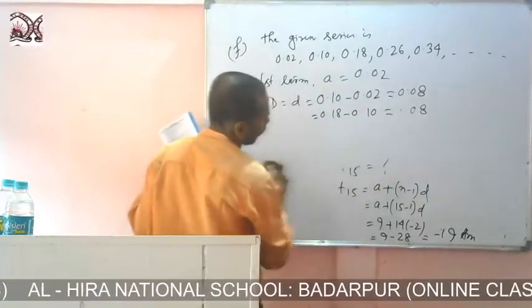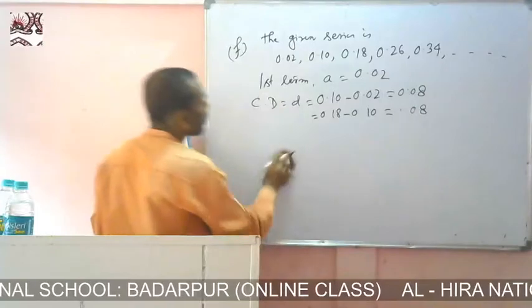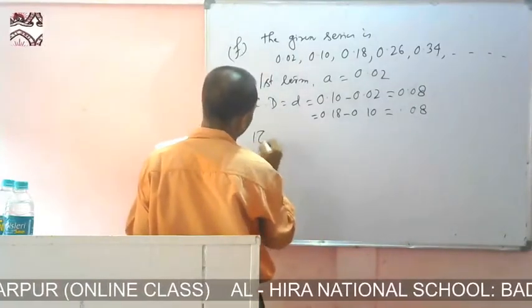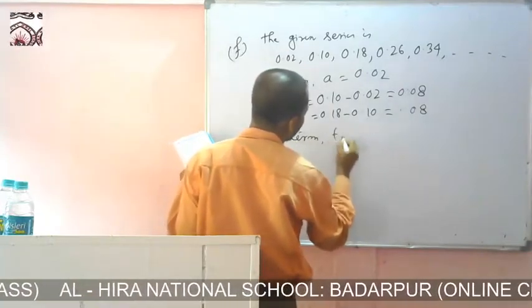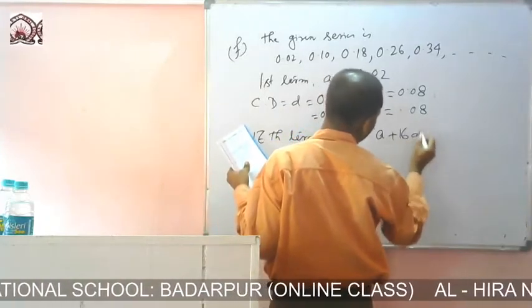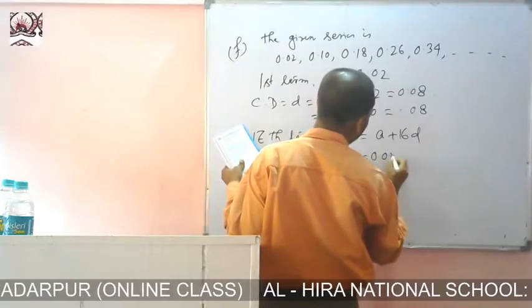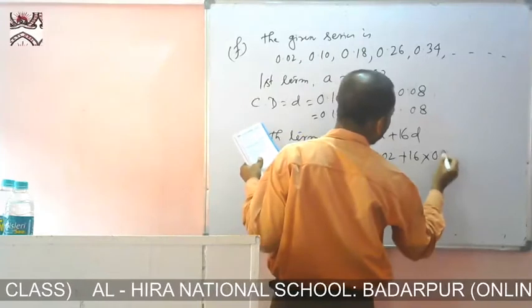Now find out T17. So T17 will be A plus 16D, and A is 0.02 plus 16 into D, which is 0.08.